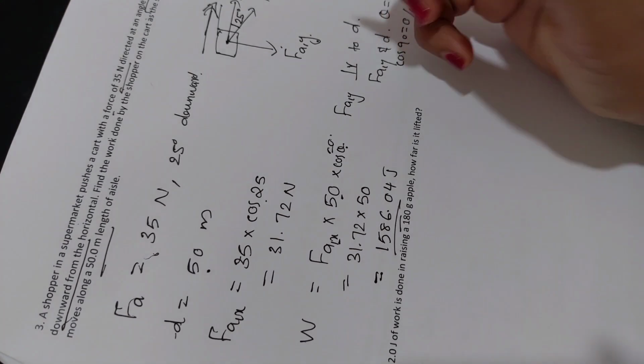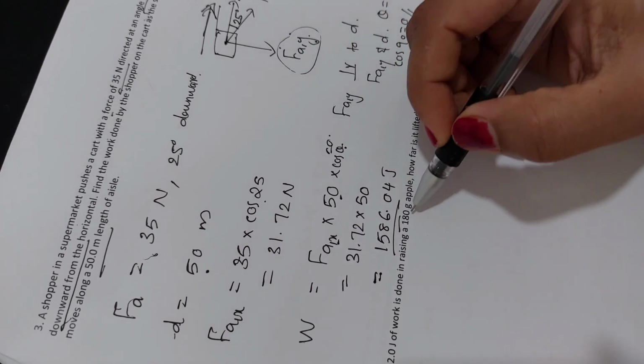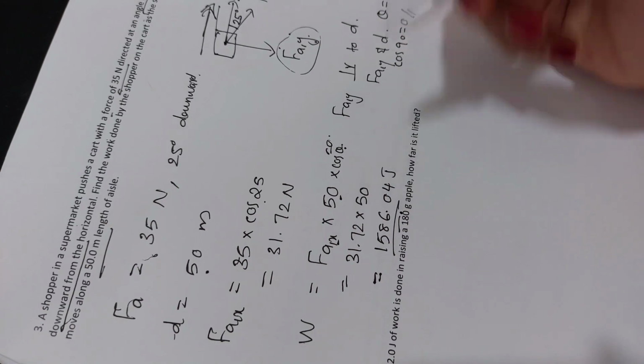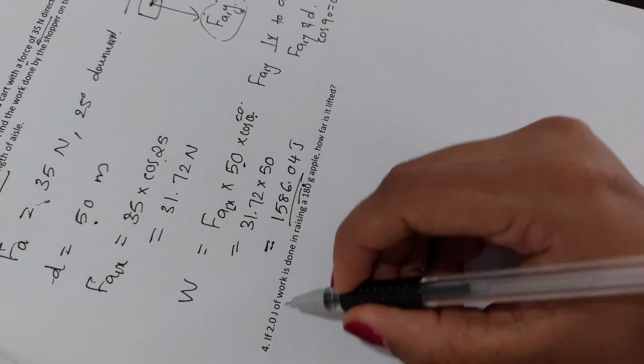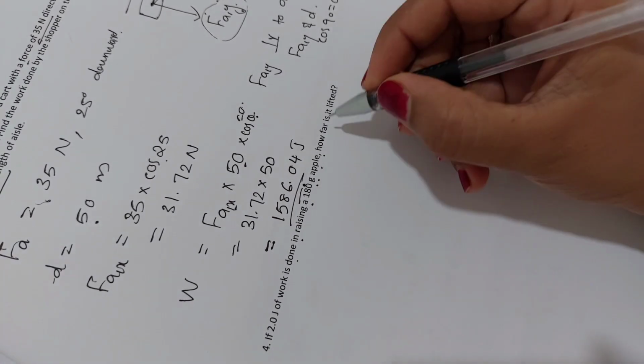So the work done by this force is equal to 0, and the work done by the force that exists is equal to 1586.04 joule.